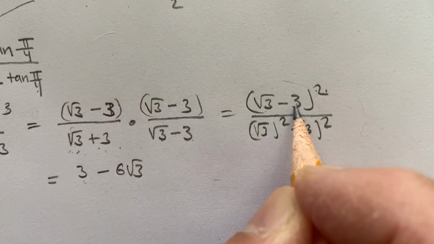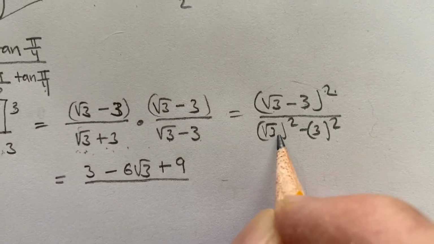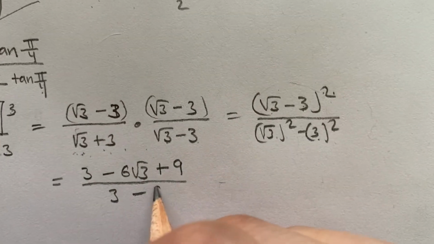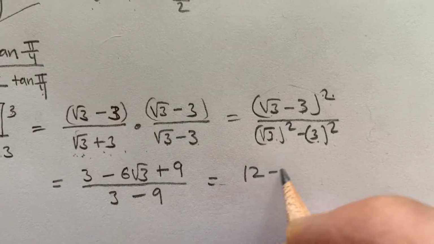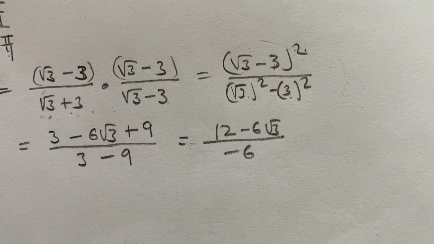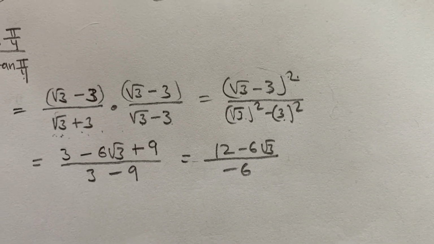And then you square the last term, which will give you 9. Root 3 squared is just 3. 3 squared is 9. And then let's continue to simplify. Over here, you're going to get 12 minus 6 root 3 over negative 6. You no longer have a radical in the denominator, but remember, you have to completely simplify.